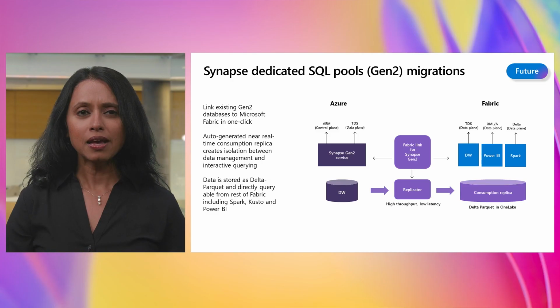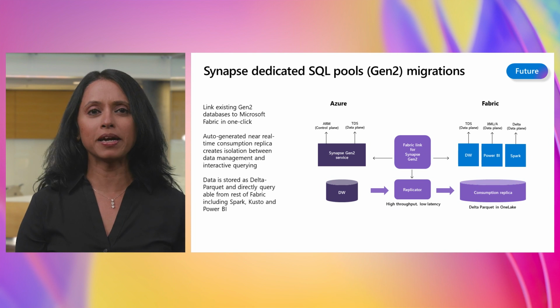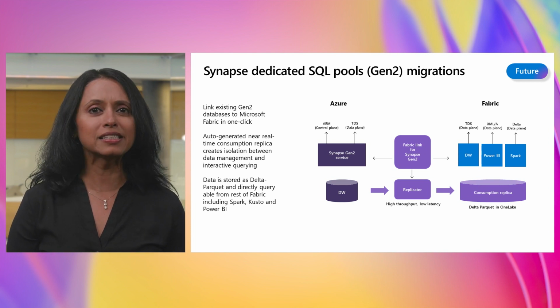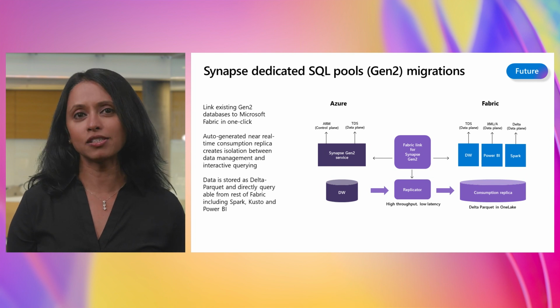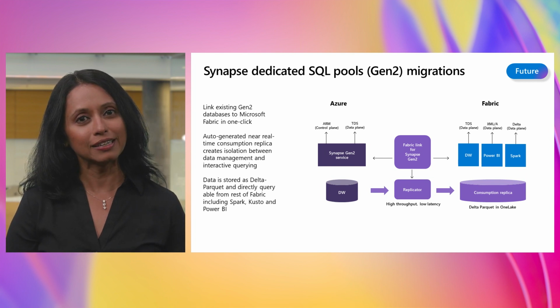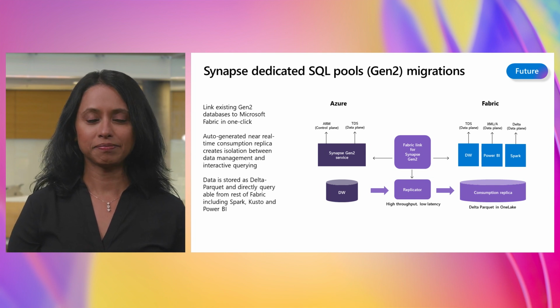A near real-time replica is automatically generated and maintained, giving you a healthy isolation between data management capabilities in Gen 2 and consumption in Fabric. Replicated data is automatically converted to Delta Parquet, and hence it is easily queryable from the rest of Fabric, including Spark and Power BI. Let's take a look.